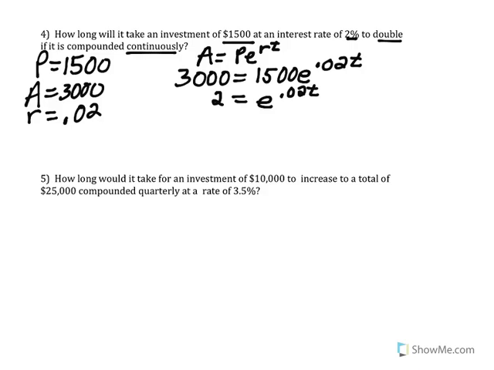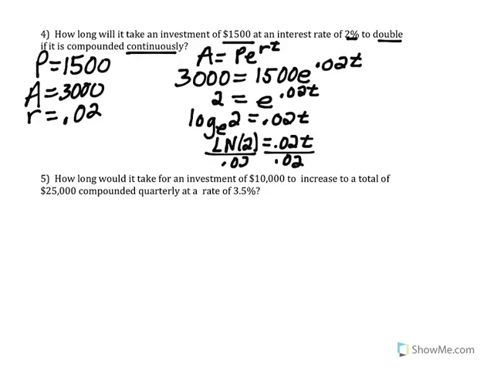Now, you can pick your method for solving this. If we switch this to log form and make this log base e of 2 equals 0.02 t, remember you can switch that to ln of 2 and divide.